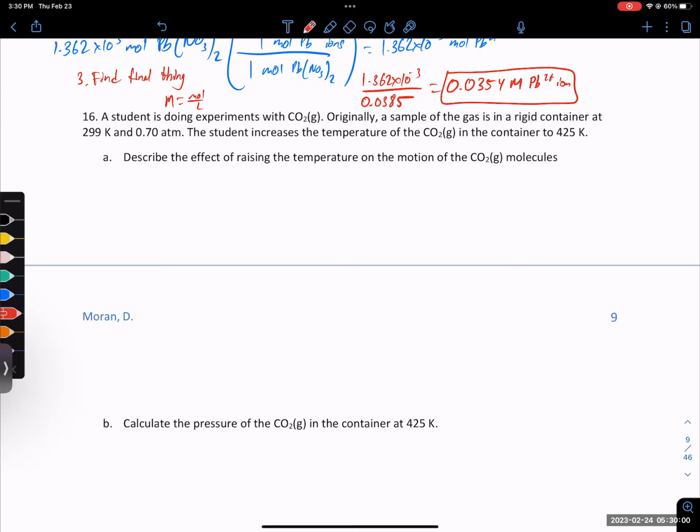Anyone on Zoom? Or my two Zoomers? Motion increases. Which motion? It's vibrating faster. I mean, that would be true, but we're specifically talking about what when we talk about the motion?